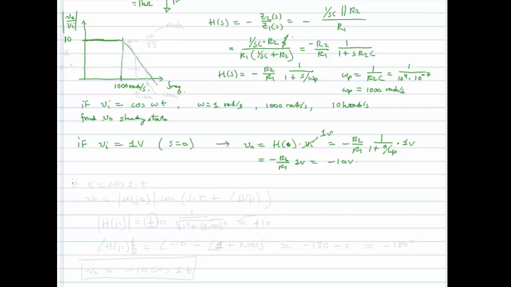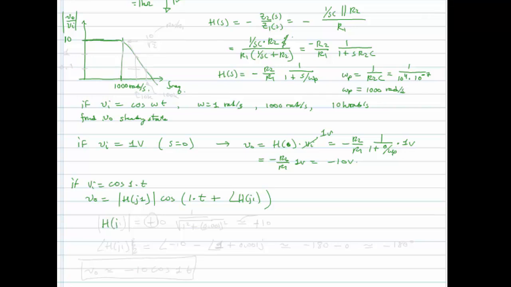What is it if VI is equal to cosine of 1 times t? Well, VO is going to be equal to the magnitude of H of j1 times cosine of 1 times t, plus the angle of H evaluated at j1.